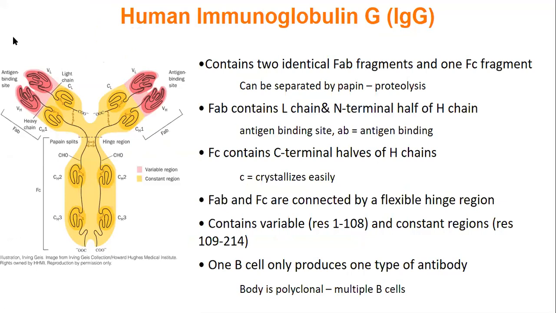So we have this purple part, which is variable, and this yellow part, which is constant. This purple part can be any amino acids, and this is what's binding to our antigens. This is why our antibodies can bind to almost anything that's foreign, because they're constantly changing.